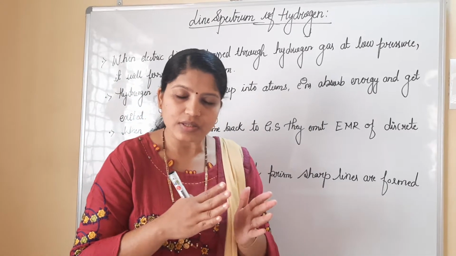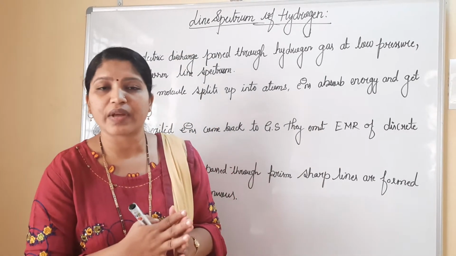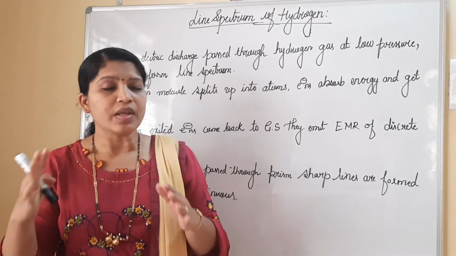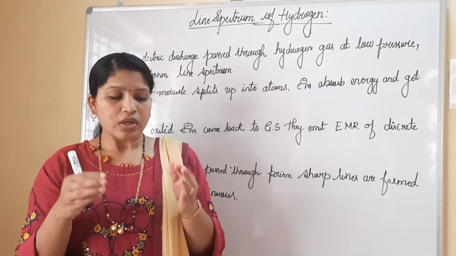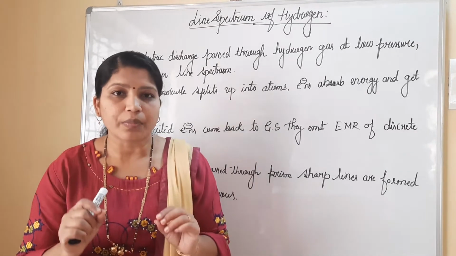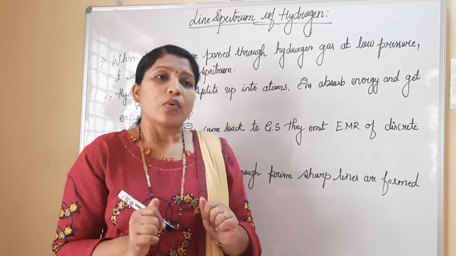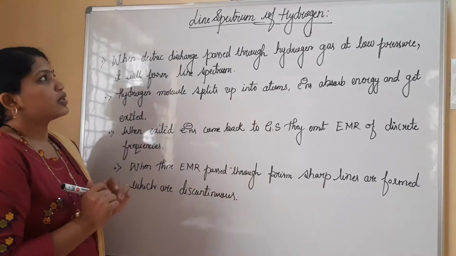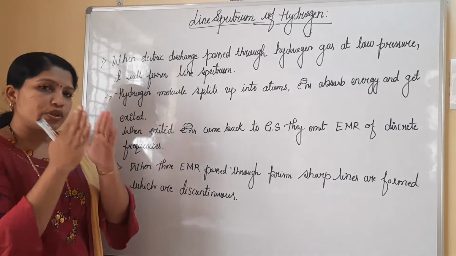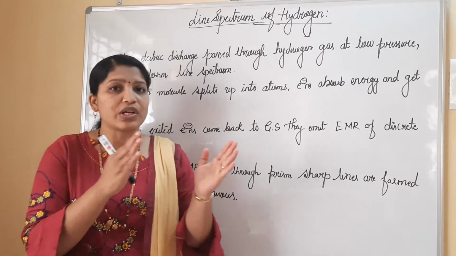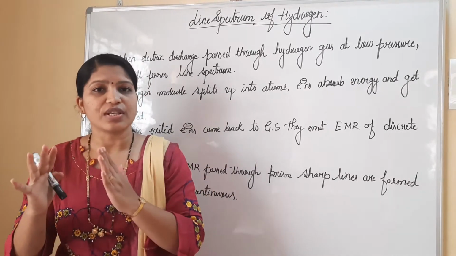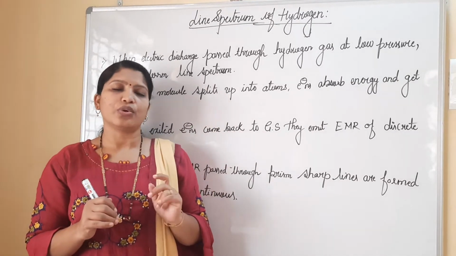When the radiation comes out from the prism, it shows sharp lines on a photographic picture. So what exactly is the meaning of that? Why are those lines obtained in a discontinuous fashion? That we have to understand today.